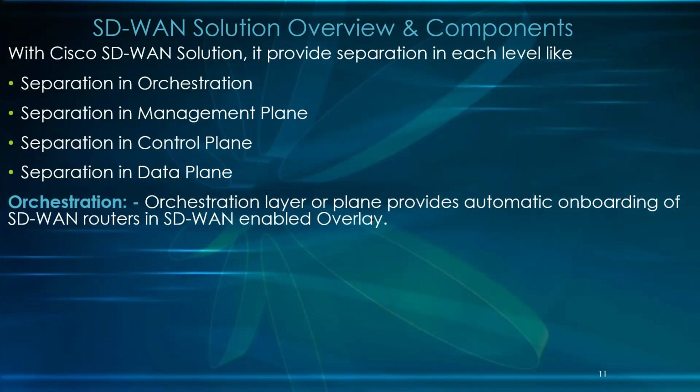So the orchestration layer says that any new device that wants to onboard, I will provide the automatic onboarding to join the SD-WAN overlay network. So what does that mean? If an overlay is formed, your traffic is going on, and a new device wants to join your SD-WAN, how can it join? First, it needs to go to the orchestration plane, and then it will do the validation checks and all that, and let it onboard, right?